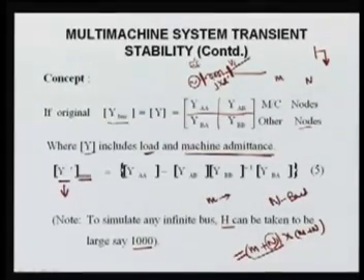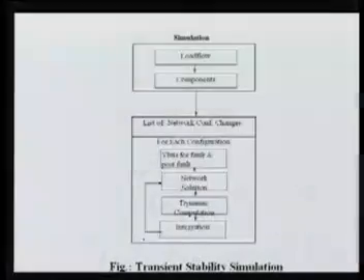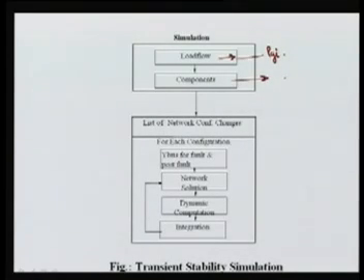Now to see how the transient simulation program will move, first you have to run the load flow, and from the load flow you can get your PGIs at all the generating stations. After getting these PGIs, you have to model the various components in the system.